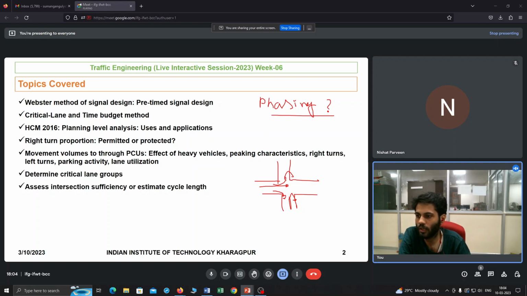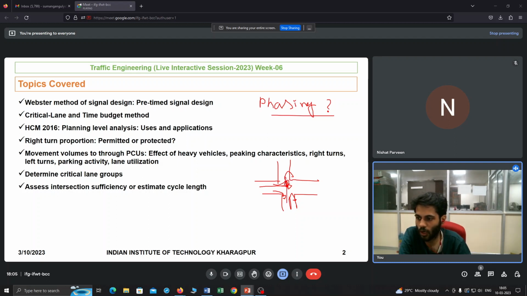Now for that you want to install a signal, and you want to decide what the phasing scheme is, right? So suppose now for this particular movement, what should be a conflicting movement, right? So this is a direct conflicting movement, right?